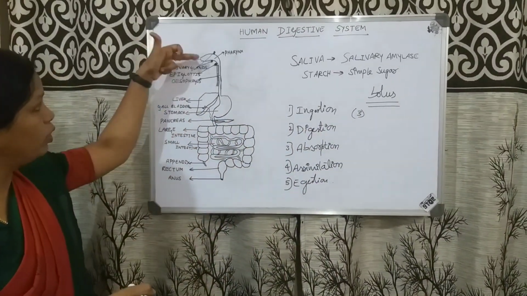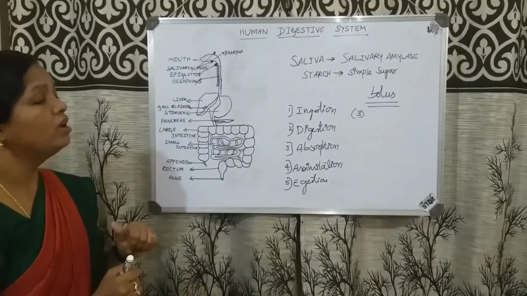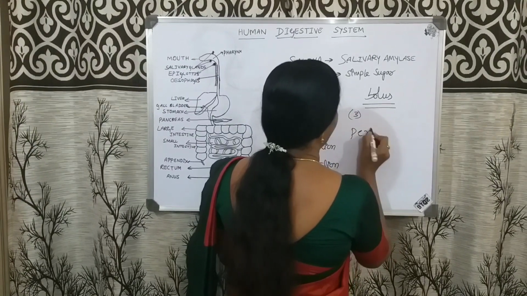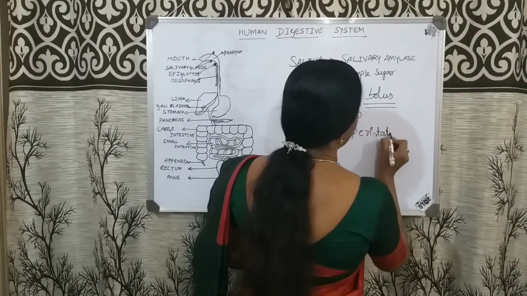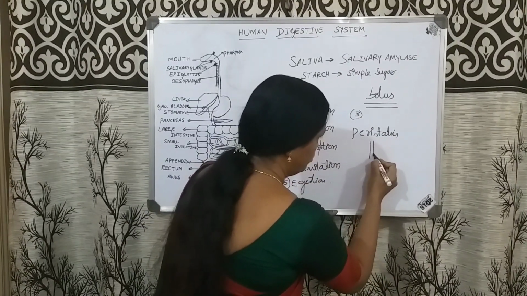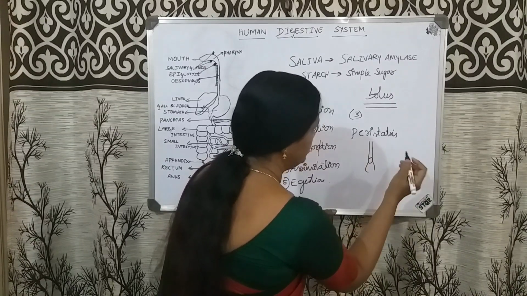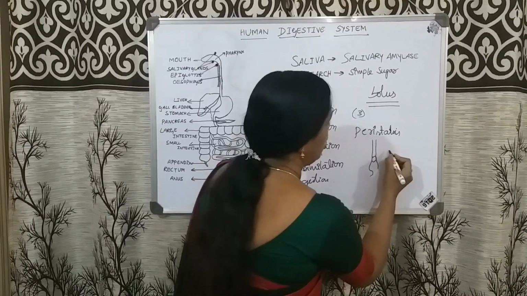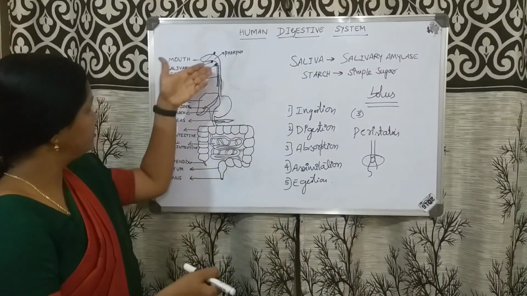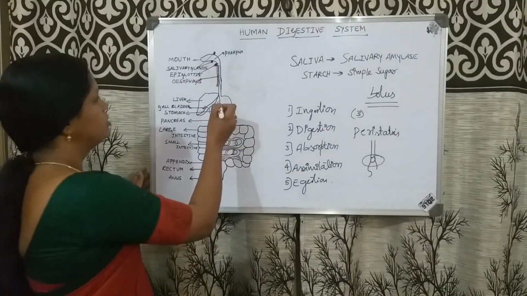This bolus moves through the esophagus by peristalsis movement, the contraction and relaxation of the esophagus, which makes the food particles move to the stomach.